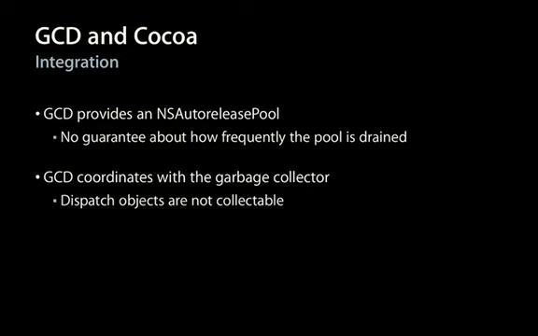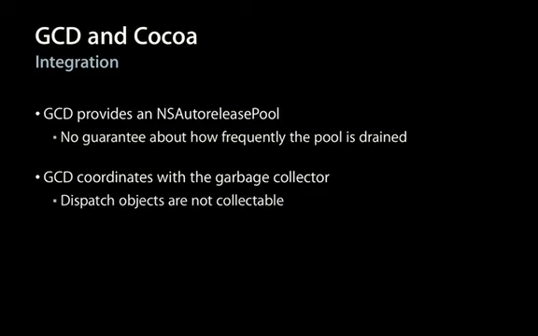Not only is it possible to use GCD with Cocoa, it's actually got some conveniences. For example, all GCD queues implicitly provide an NSAutoreleasePool. So you don't get those messages that you're running on a thread, you've created an autorelease object, and you don't have a pool available. I'm sure you've seen those in the syslog. We take care of that for you.